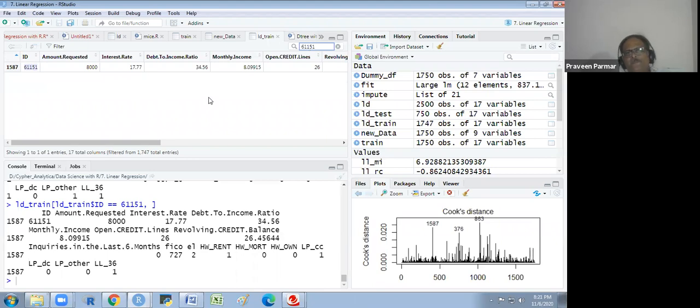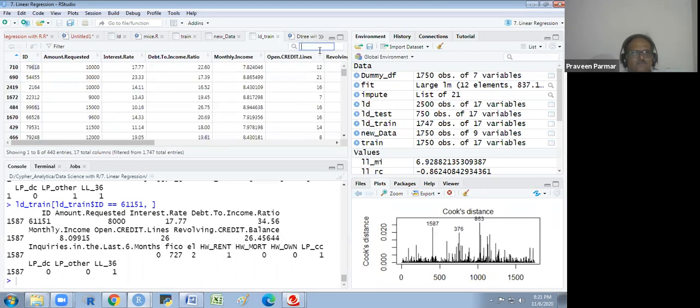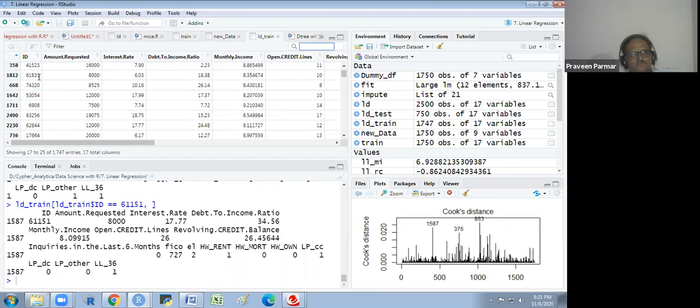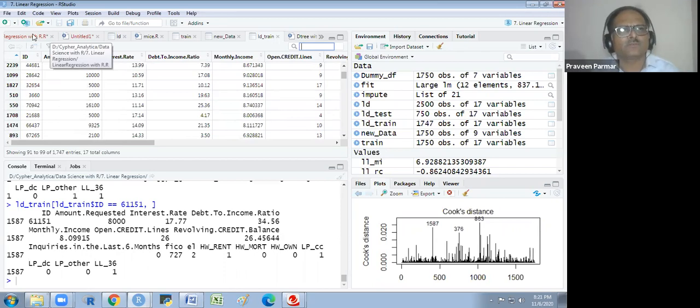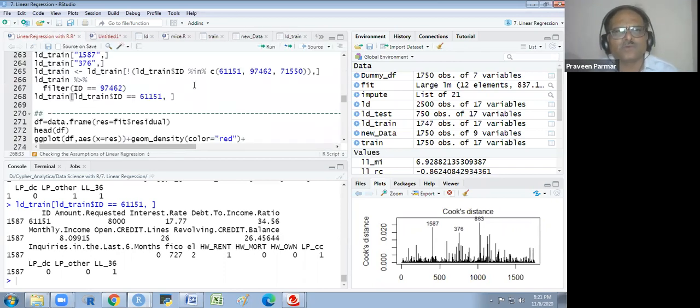Correct? Got it? So we could not see that. It is below 500. That's not a task we have to perform, but I just wanted to see that.